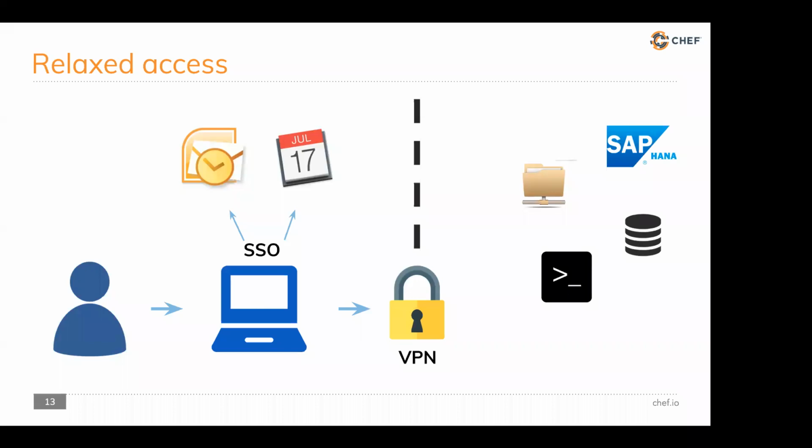We move things like email and calendar outside of the internal network, and we access those most commonly with some sort of single sign-on tool. This is an authorization system that lives maybe on your network, but to access the email provider, there's an API system that lets your username and password be validated without having to connect to the VPN.